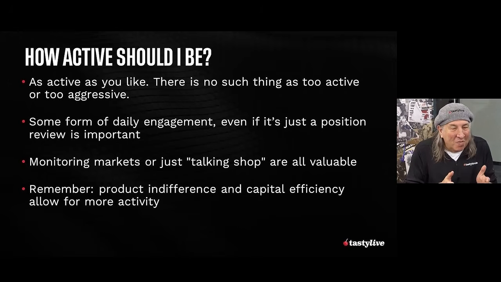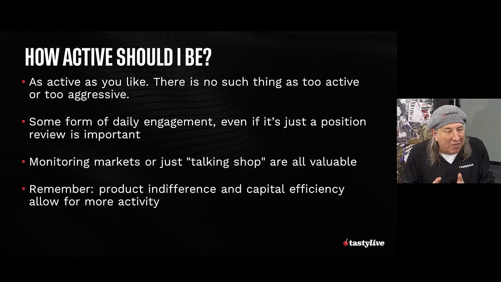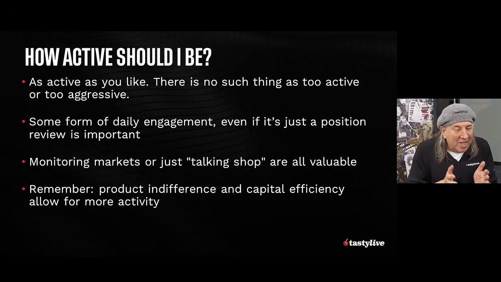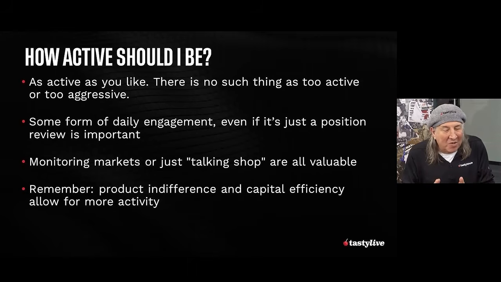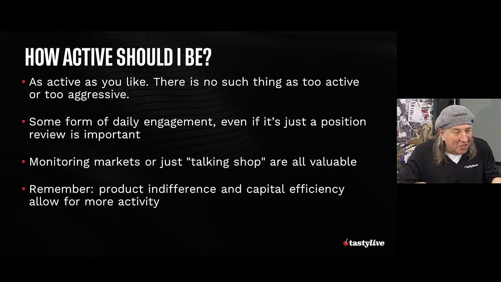And remember, and this is so important for me, product indifference and capital efficiency allow for more activity. If you're all locked up in equities, you're trapped like a rat. If you're all in certain commodities, you're trapped. You need to be in products that are more capital efficient than others. You need to be indifferent to product.